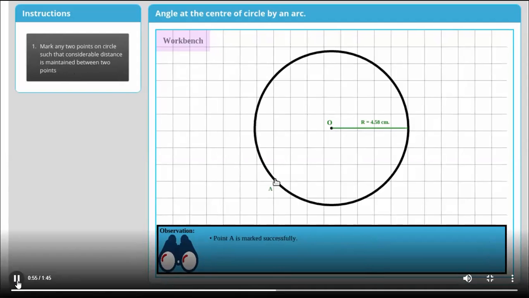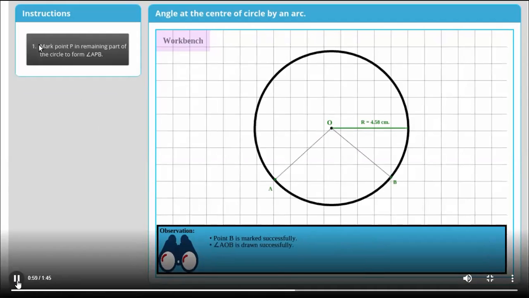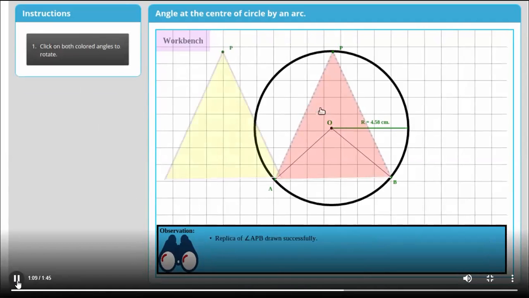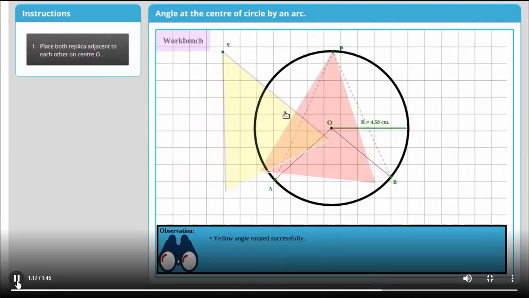Just we have to check how they have rotated that angle. It was not rotating. Okay, point P taken. Anywhere you can take it on the upper part. Now this one, okay, click on both the color angles to rotate. Okay, click and then rotate.